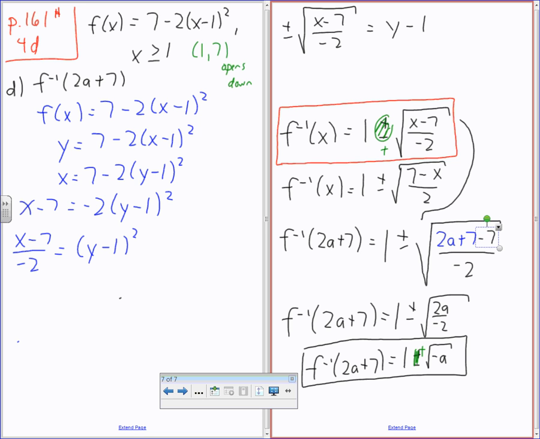Okay, so basically what I did was, I did that, and then I said, so the -1 comes across here to be 1, right, and that equals y, but y is going to be my inverse now, so f inverse is equal to all that.